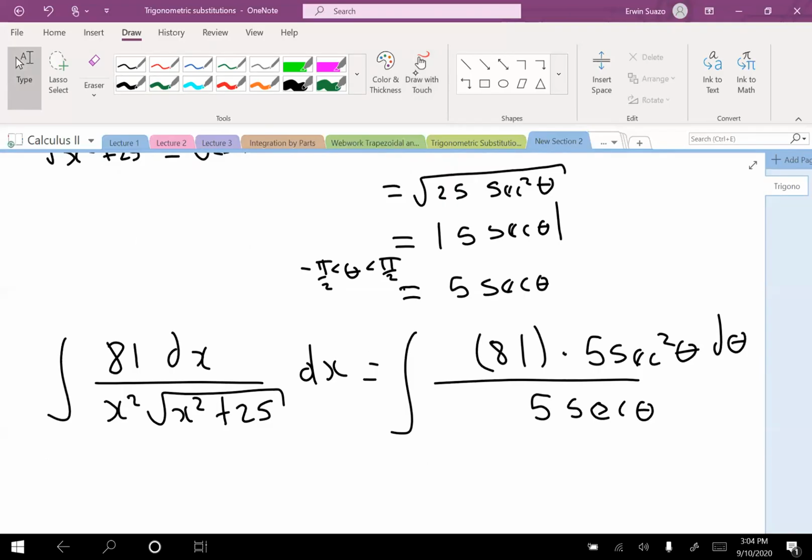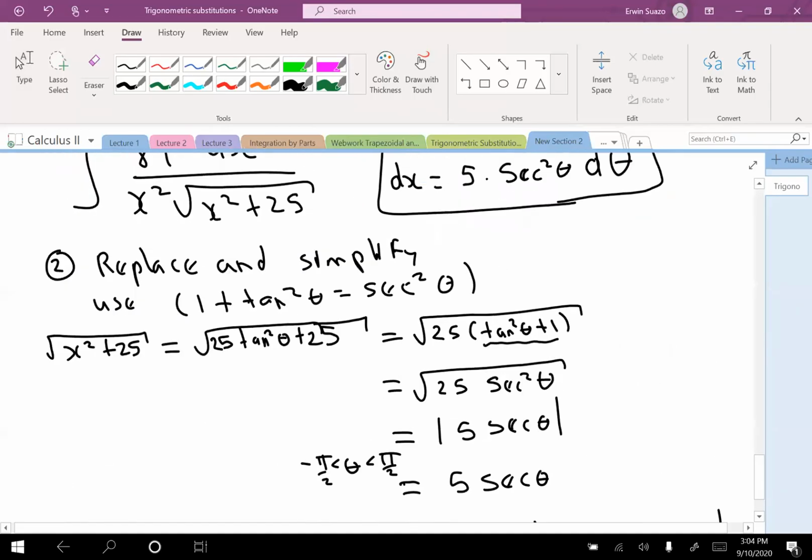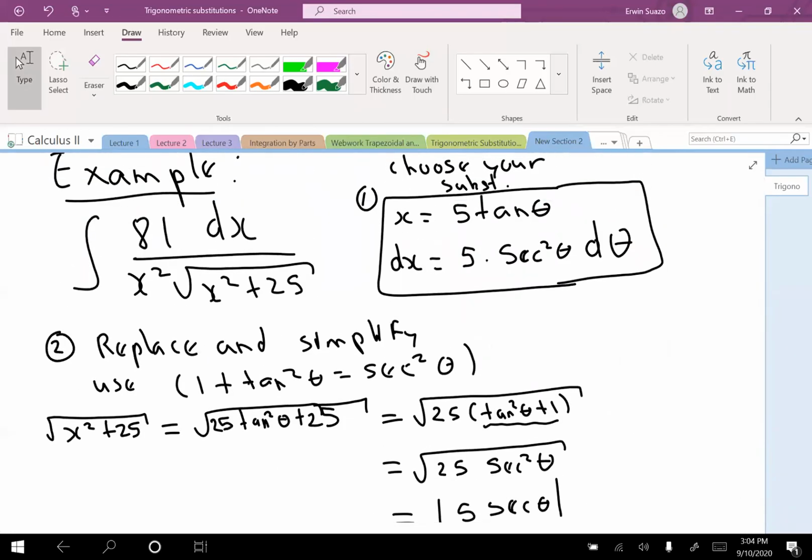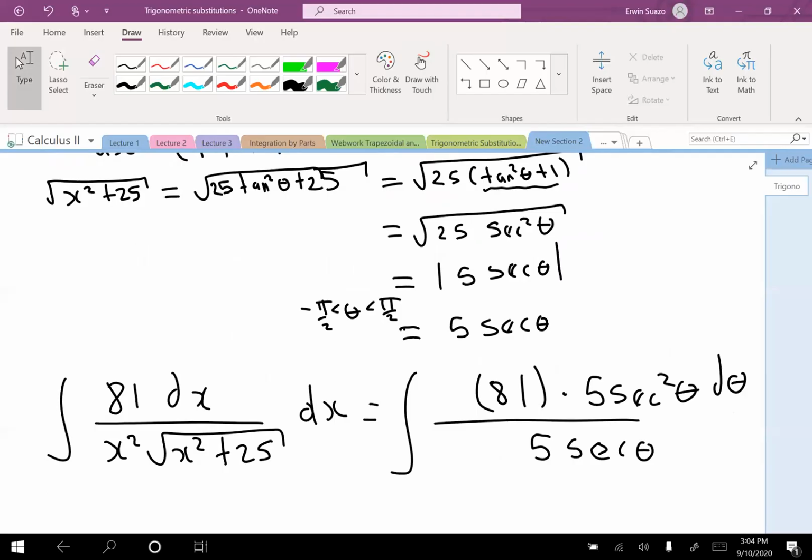But what is x squared? What is x squared, guys? If x is 5 tangent of theta, what is x squared? 25 tangent squared. Tangent squared, correct. Thank you. I try to ask questions. Some are easy, some are difficult, but I want you to interact.